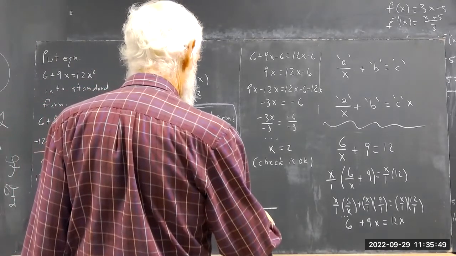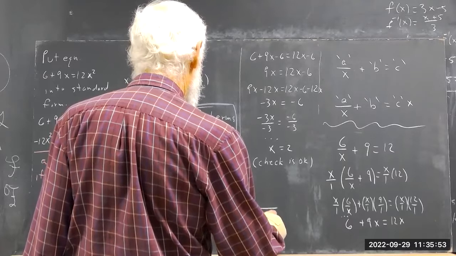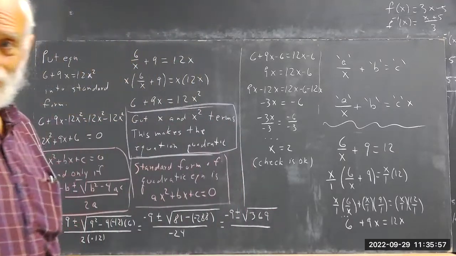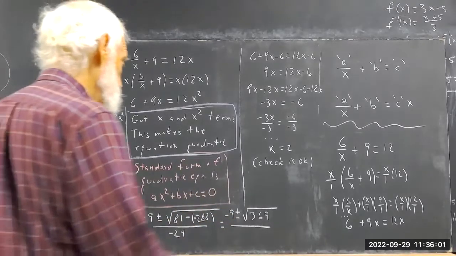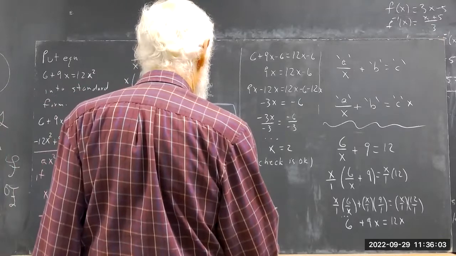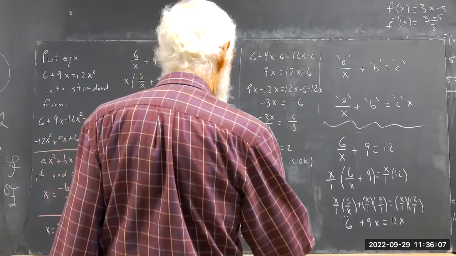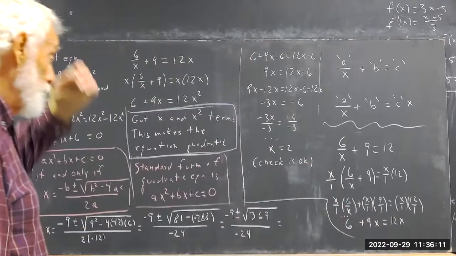And you know what? Oh, that's 369. I got all excited. I thought that might come out 361, so the square root would just be 19. But okay, that's over negative 24. Hope I've got room to complete this.